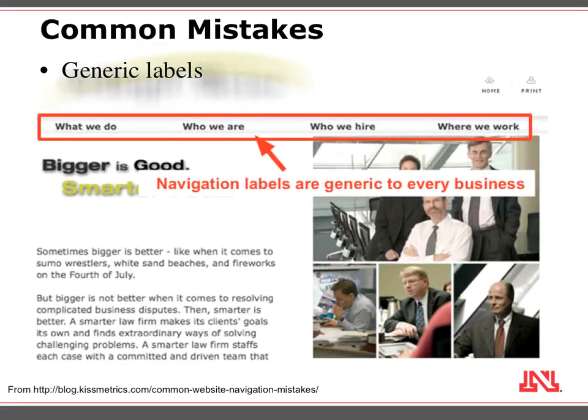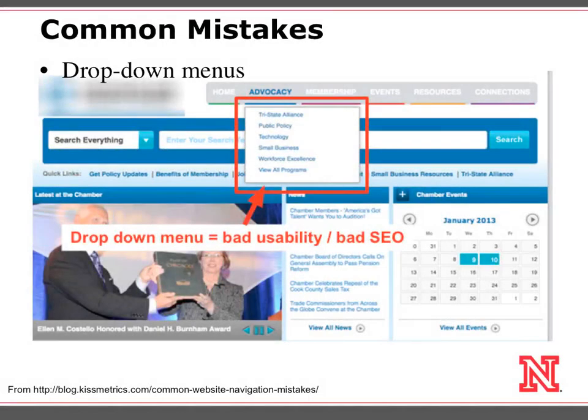Things like generic labels, something that's just generic to any business or any company, is a bad idea. You really want to be specific and be different. It's great to follow some conventions, but it's also great to be very unique in certain areas. Drop-down menus are something else I would never recommend using.